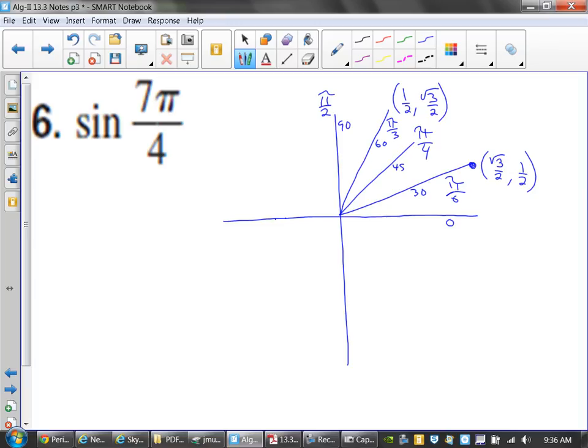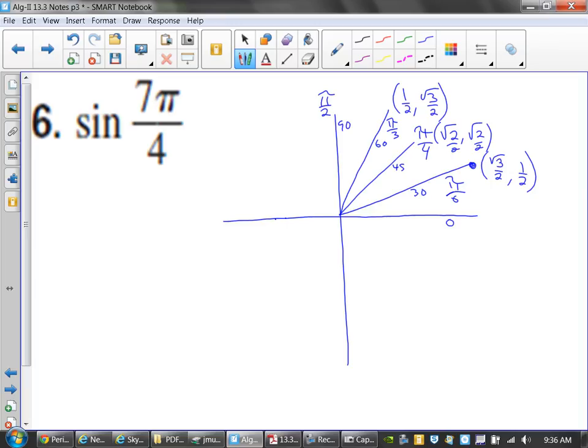45. Sine of 45 is 1 over root 2, otherwise known as root 2 over 2. Cosine of 45 is the same thing. From just that information, and knowing how to draw a 30, 60, 90 and a 45, 45, 90, you can fill in the first quadrant of the unit circle.